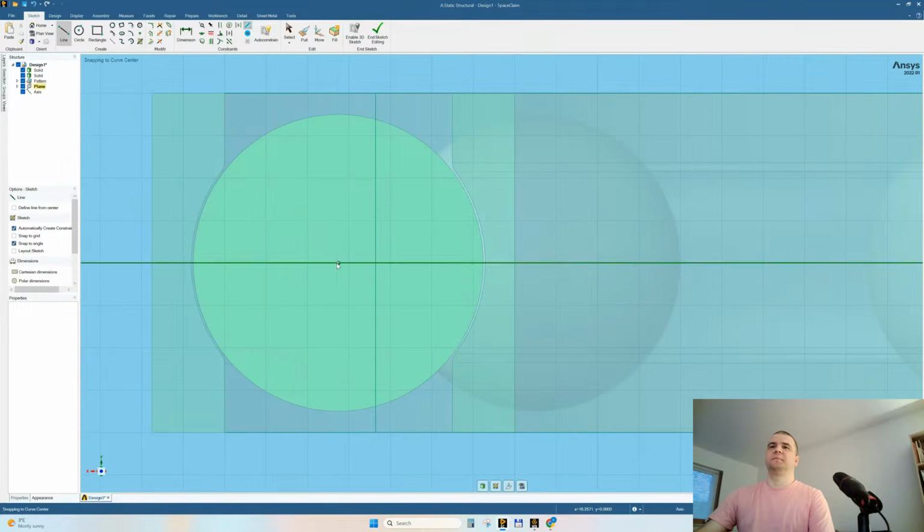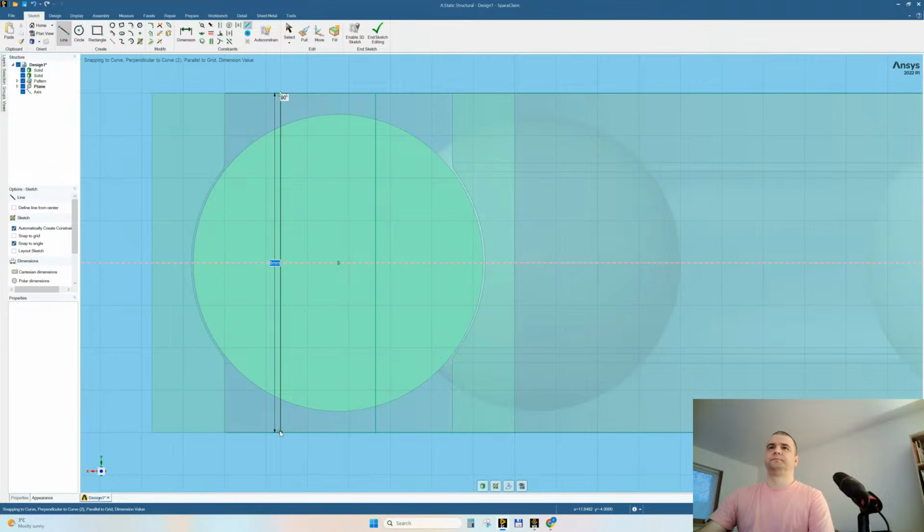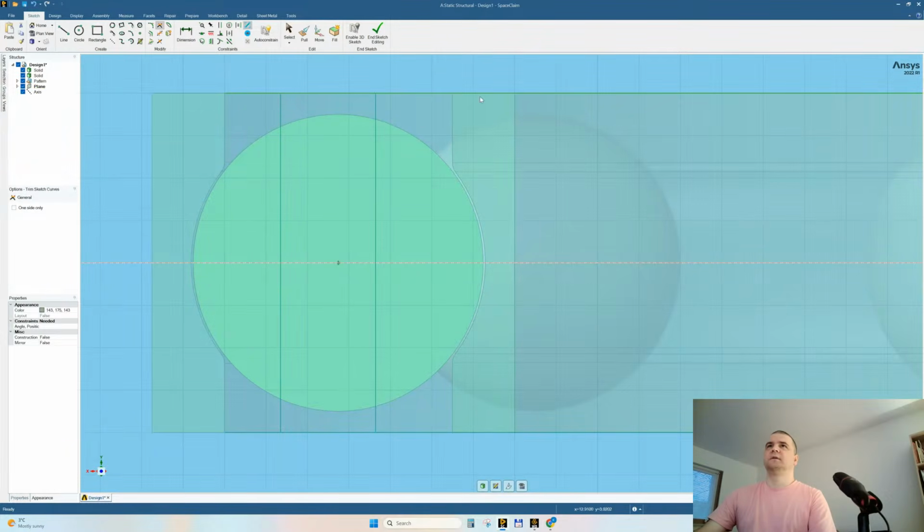So I will not make a symmetry around this point, the sphere center, but I will go above. Now let's trim what we don't need. We don't need this portion. Why does it delete everything? Ah, yes, incorrect command. This is the trim command, trim.